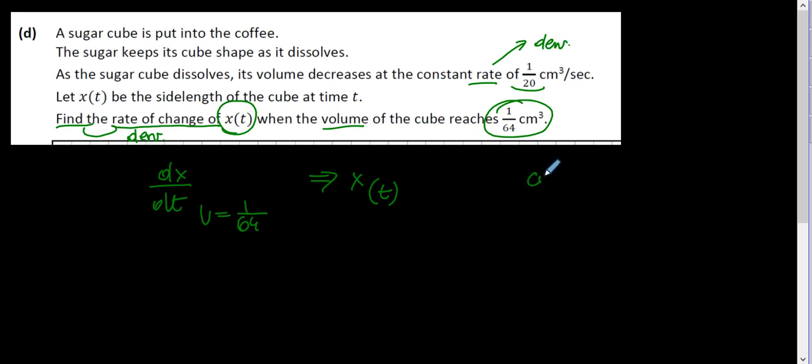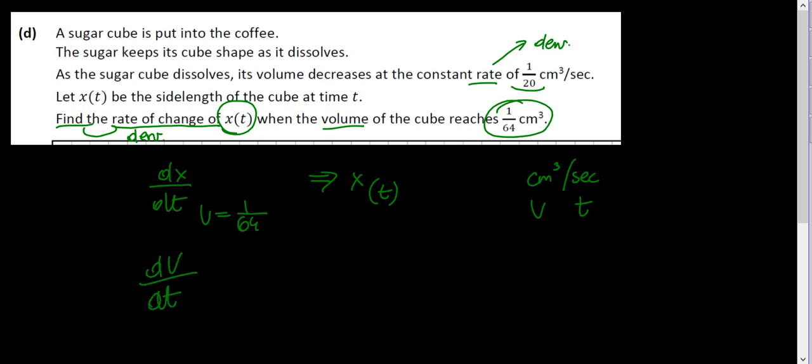And the key, it's always very easy to decipher when we look at the measurement, is centimeters cubed. Centimeters cubed represents usually in maths volume, and second represents the time. So this derivative that is given to us has to do with volume and time.